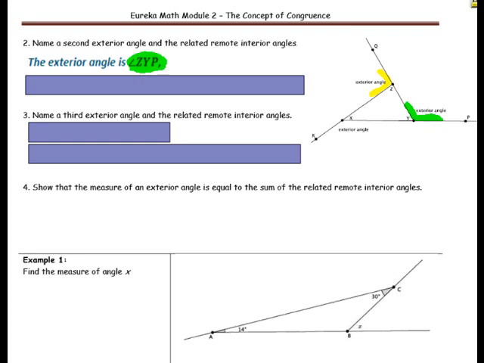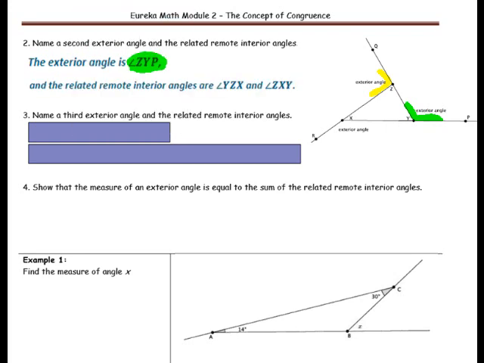Then we have the related remote interior angles. So that would be this angle and this angle. So we have YZX, that's this one. And then the other one would be here, where X is your middle vertex, and we have ZXY. So these are your two remotes right there.